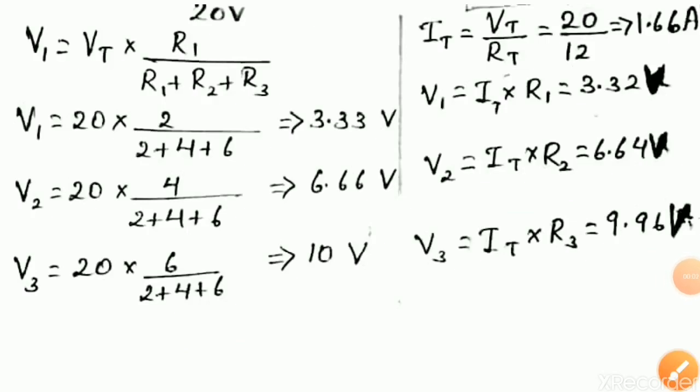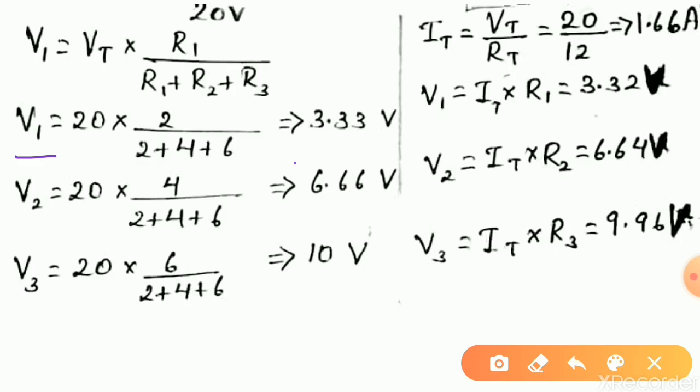We can solve the same question using Ohm's law as well. In the case of the voltage division rule, we achieved V1 equal to 3.3 volt, while with Ohm's law we get V1 as 3.32 volt. For V2, the voltage drop across the 4 ohm resistor, we achieved 6.6 volt.